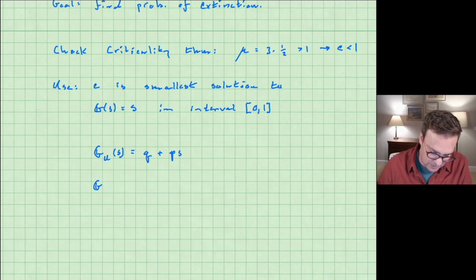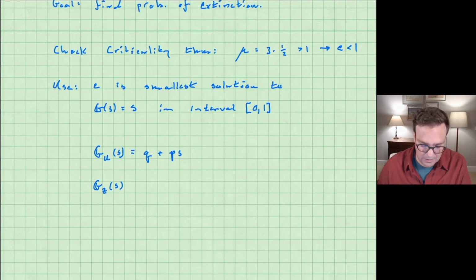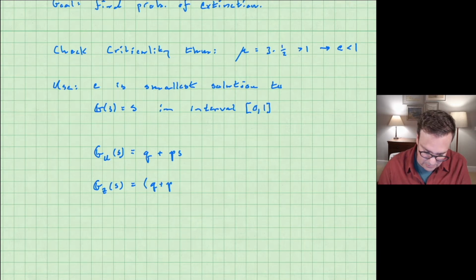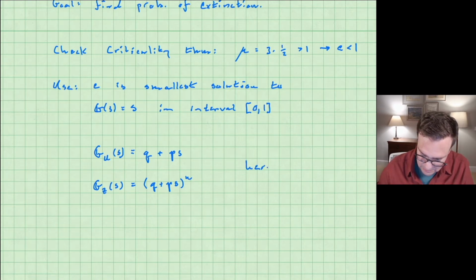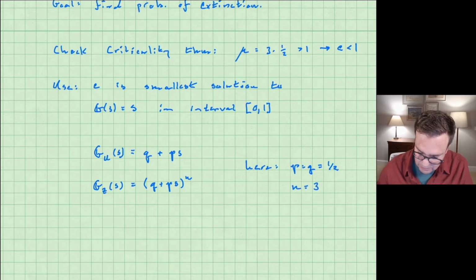It's going to be that if we have n trials, in this case we have 3, then this thing is Q plus PS to the n. Like that, right? And so here, what do we have? We have P and Q are both 1/2, and n is equal to 3.